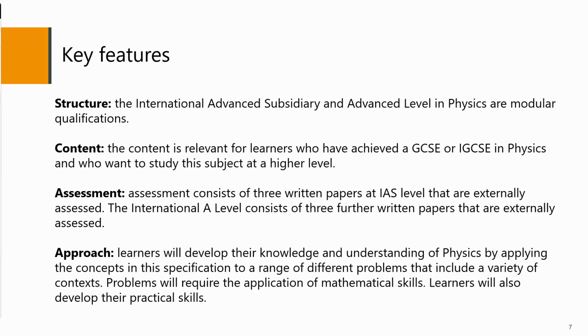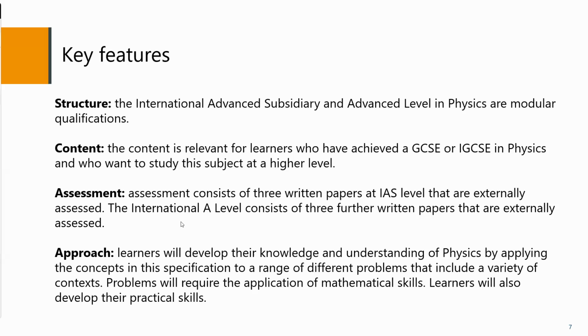Structure. The International Advanced Subsidiary and Advanced Level in Physics are modular qualifications. The content is relevant for learners who've achieved a GCSE or an international GCSE in physics and who want to continue to study this subject at a higher level. The assessment consists of 3 written papers at IAS level that are externally assessed.